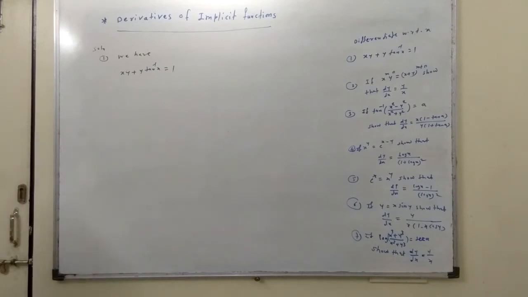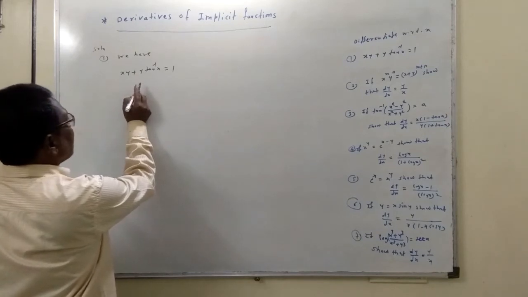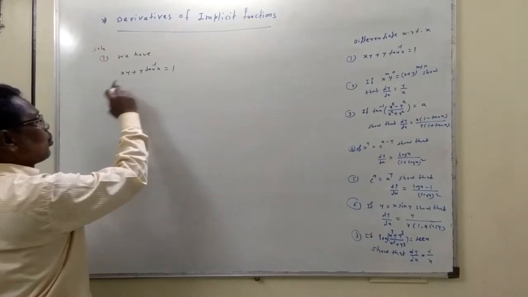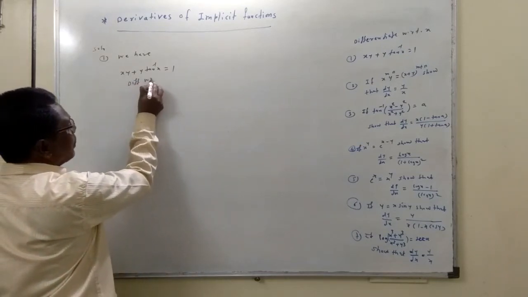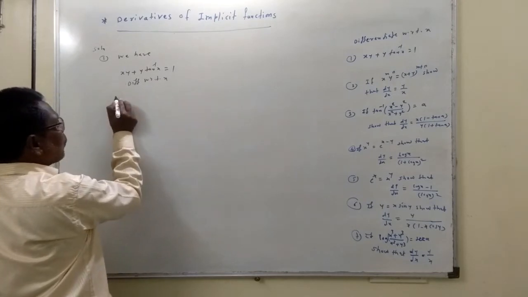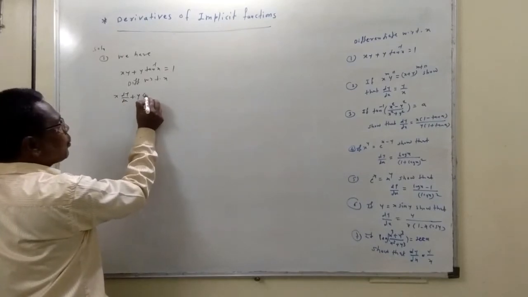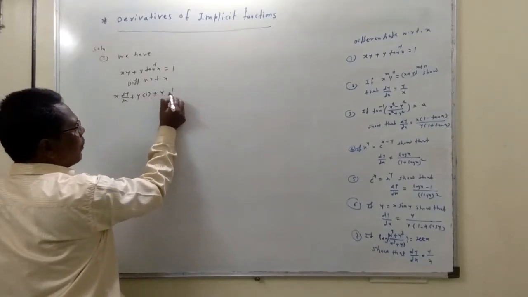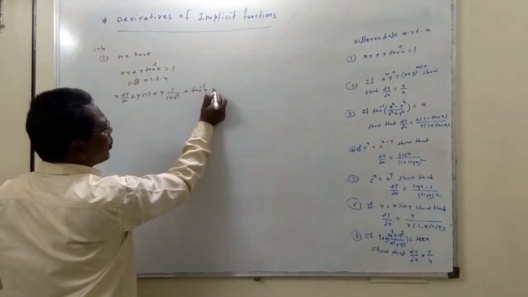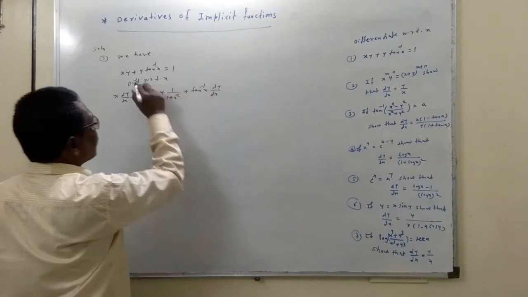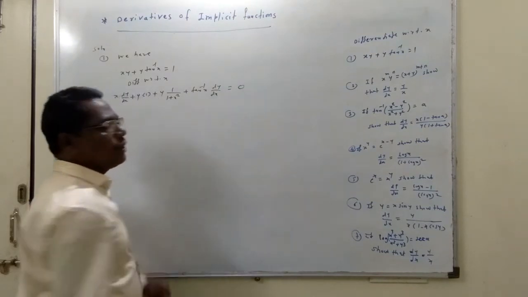Now here x and y are mixed. So if we want to find the derivative, we differentiate this directly with respect to x. The derivative of xy: x constant, derivative of y, dy by dx, plus y constant, derivative of x is 1, plus y constant, derivative of tan inverse x, 1 upon 1 plus x square, plus tan inverse x constant, derivative of y, dy by dx. y is a function of x, so you use the formula, and 1 is a pure constant, whose derivative is 0.